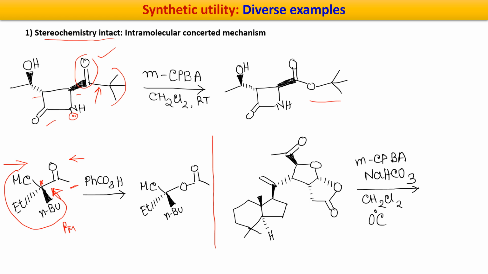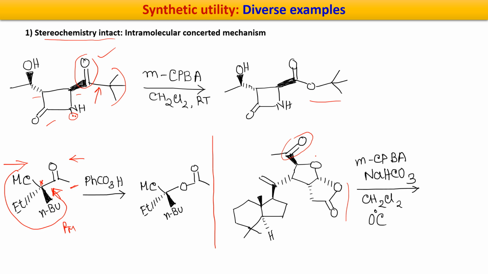Now at first glance it seems a very complicated molecule, but we just have to focus on that part where the reaction is going to take place, right? So this is the carbonyl carbon where the reaction will be occurring. This is the H star, so we will not consider it. Now there is also a CC double bond where epoxidation can take place, but because of this stereochemistry, this sterically hindered position of the CC double bond, the reaction will be occurring at the C double bond O only.